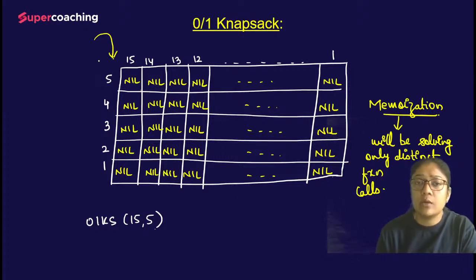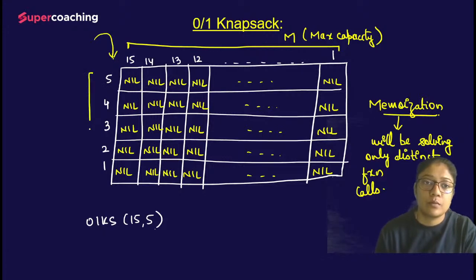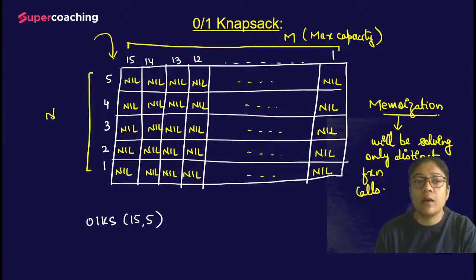So if you see here what different function calls कितनी आ सकती हैं, this is representing columns. कितने columns बने? It is equal to the maximum capacity of the knapsack, and number of rows is basically representing the number of objects.